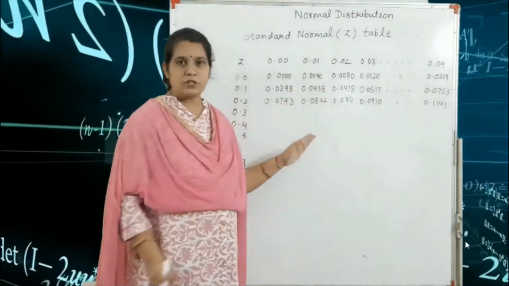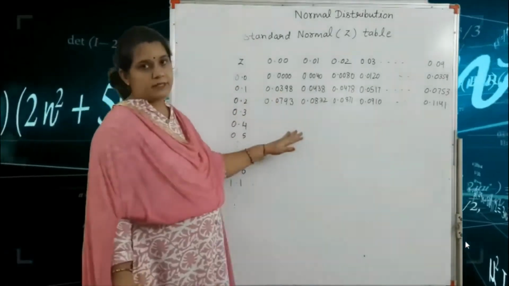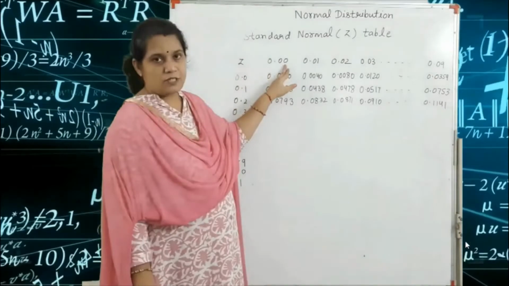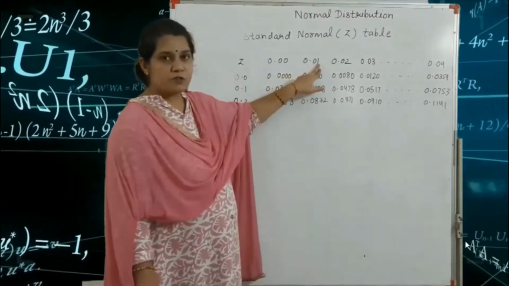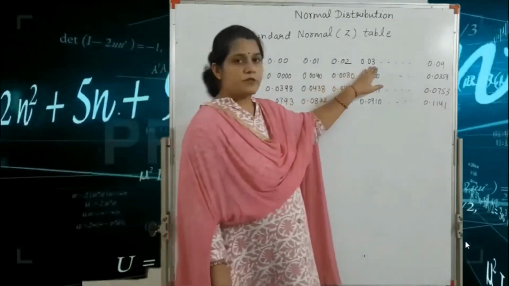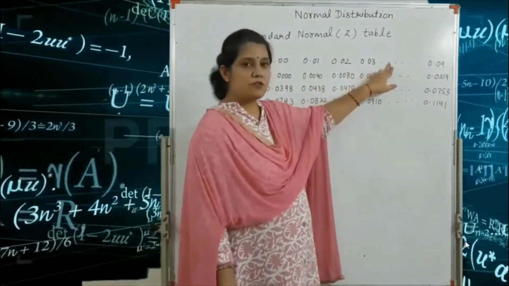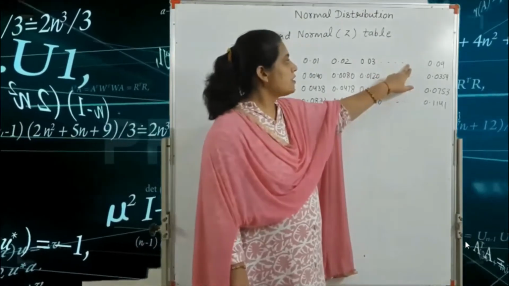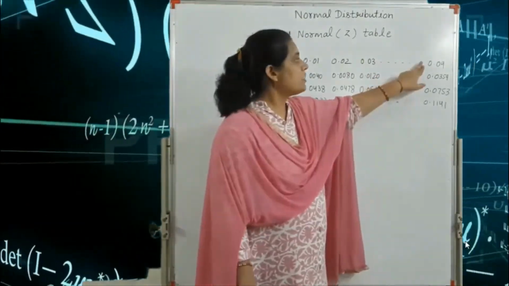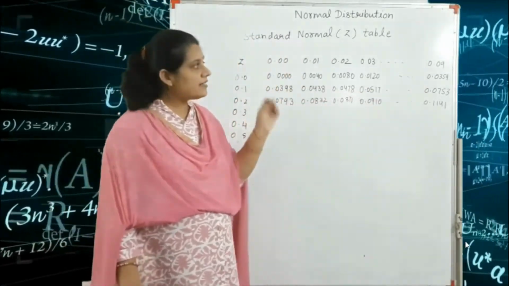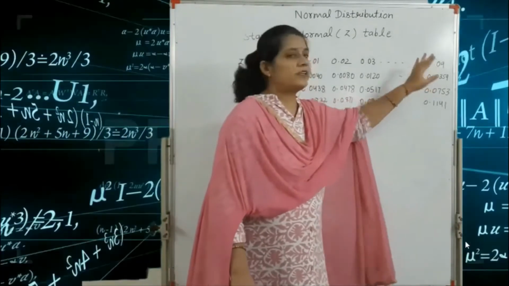This type of table. The format of the table is, here we write Z: 0.00, 0.01, 0.02, 0.03, 0.04, 0.05, 0.06, 0.07, 0.08 and the last is 0.09.